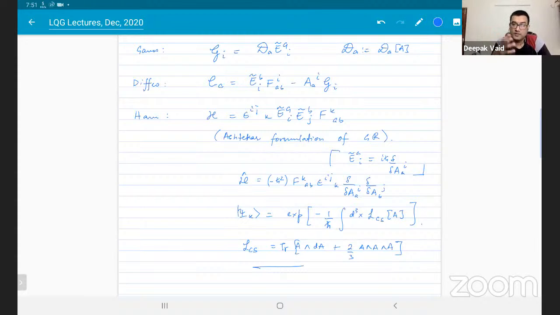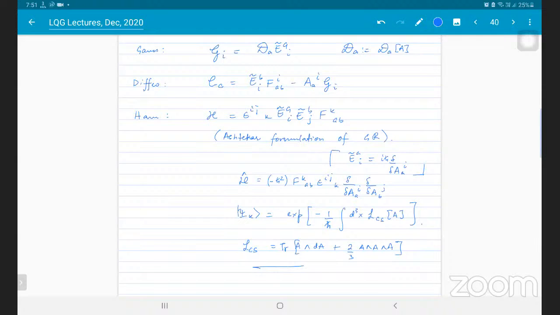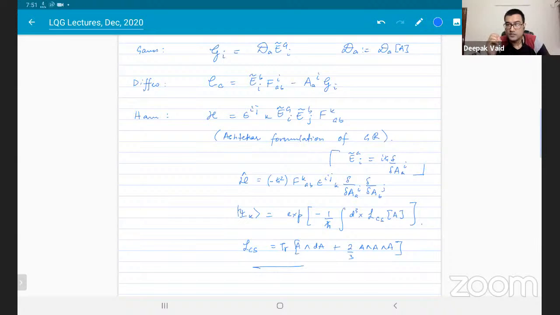String theory, people will say that, well, string theory also gives you this space-time foam because of this T duality, I think, which says that if you take a string of a certain radius and you shrink it down, then it cannot go smaller than a certain size. When you go beyond that size, you map to a string which has the inverse of that, from R to 1 by R. So something like that.